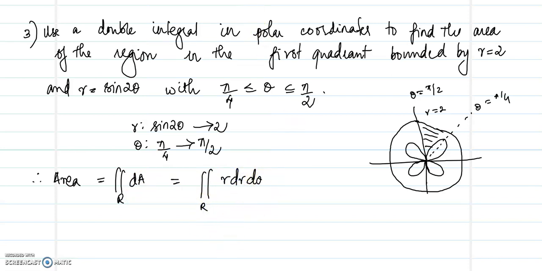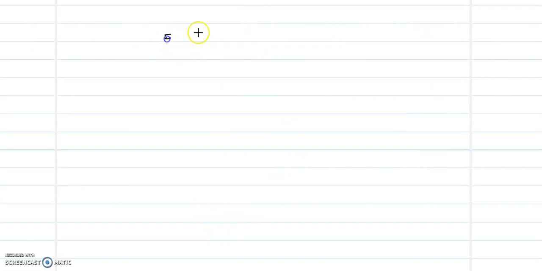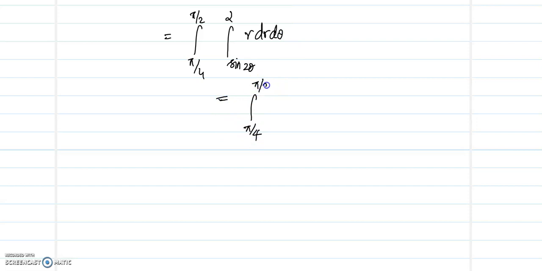So when you apply the limits, you will get integral pi by 4 to pi by 2, sine 2 theta to 2, r dr d theta. So that is integral pi by 4 to pi by 2, r square by 2 from sine 2 theta to 2, d theta.